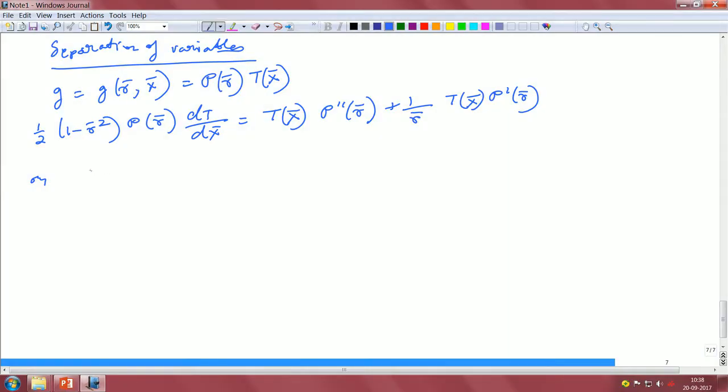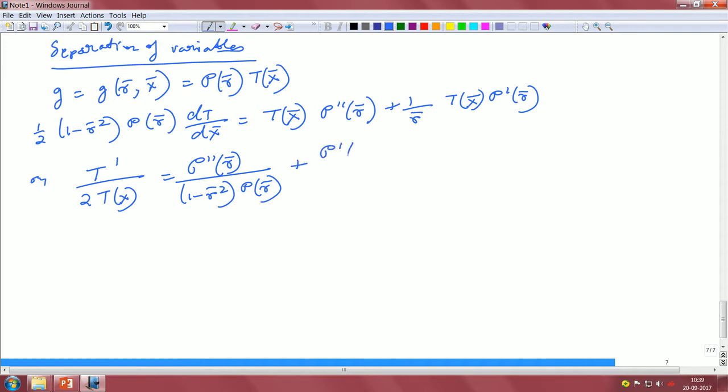Okay. So, now do a little bit of this. As you see, the left hand side is only a function of x, and the right hand side is only a function of r.